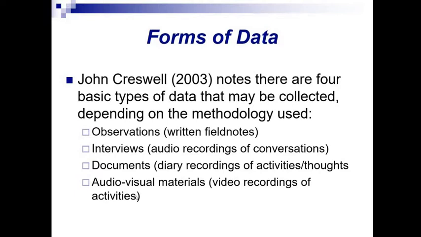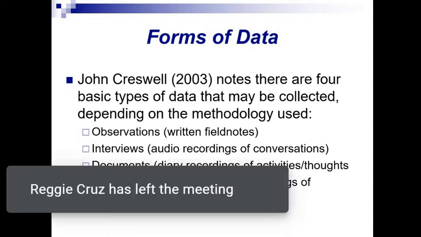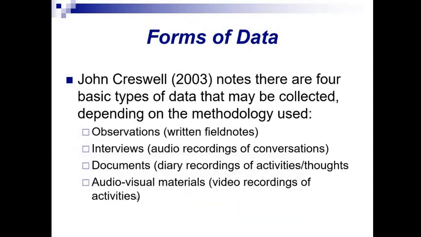If you have experience doing an observation, most of the time your material for observation would be your field notes, right? So what we do is bring with us a notebook and jot down the observations that we have in relation to a person, or to a group of people, or to a phenomenon that we are investigating, right?